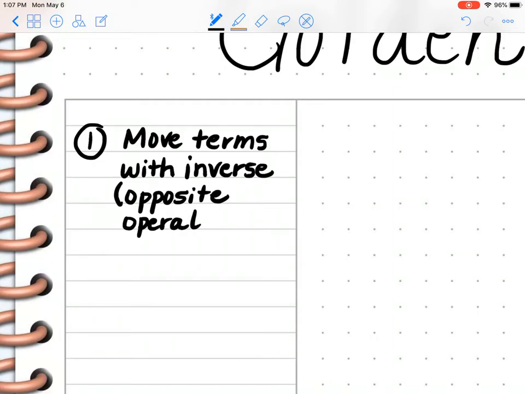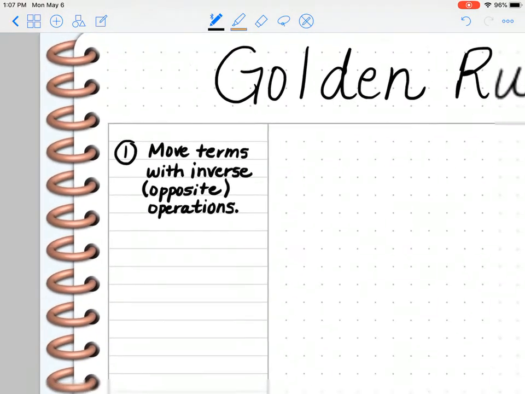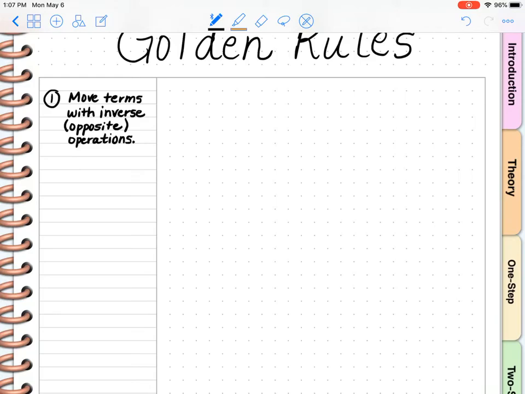So we're going to start off with this very important rule. You move terms with inverse operations. And so let's move over here to the workspace, and I want to draw a table for you. Okay.